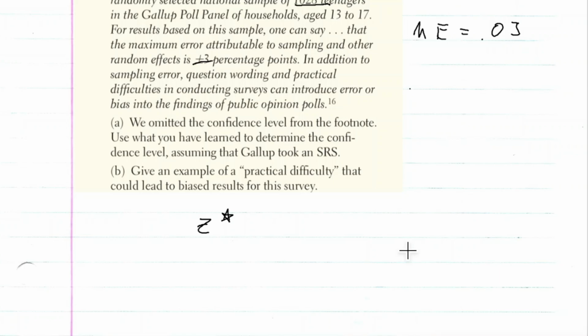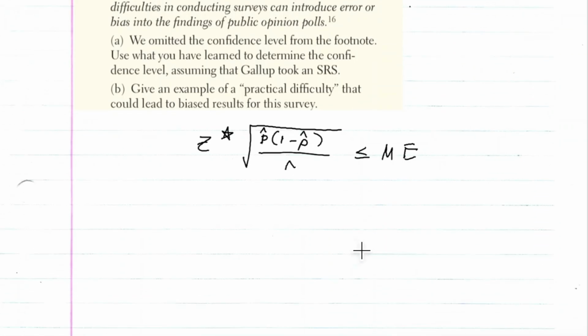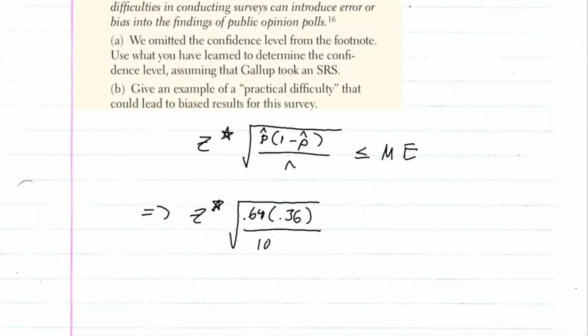All right, so let's go ahead and go into our inequality. So z star, this is what we're looking for, times the square root of p hat times 1 minus p hat all over n, and that has to be less than or equal to the margin of error. For this problem, we have z star times the square root of 0.64 times 0.36 over 1028, and this has to be less than or equal to 0.03.